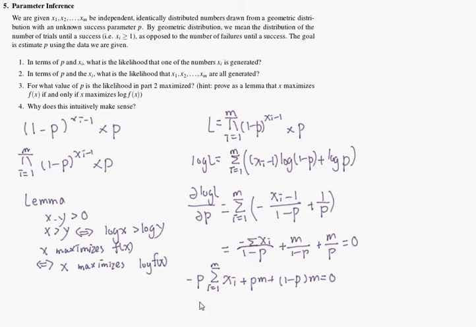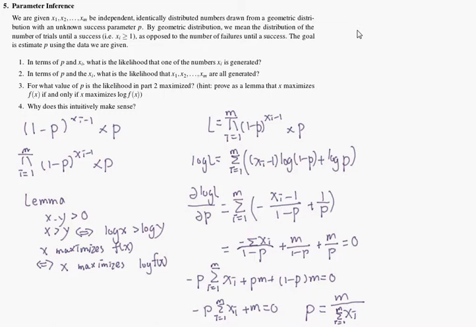And we can further write this as minus p times the sum from 1 to m of xi plus m is 0. So we can solve p is m over the sum for i from 1 to m of xi. So this is a solution for question 3.